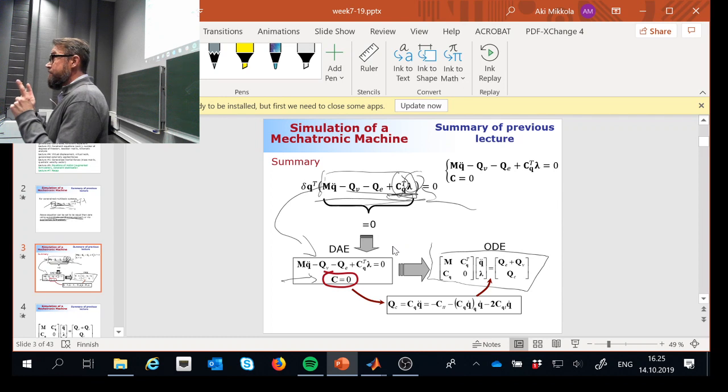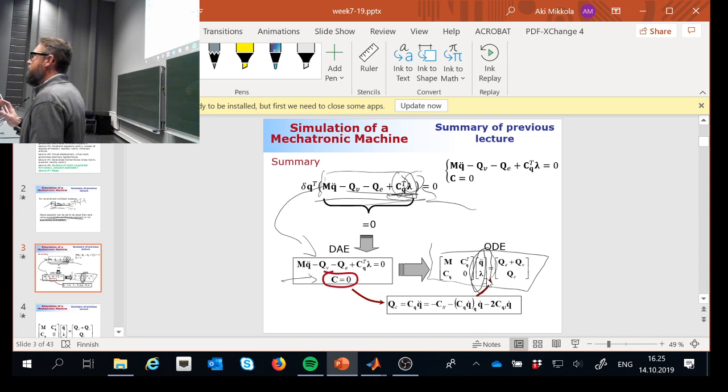And now comes something you need to put in your mind as well. The vector of unknowns is this vector. This is where your unknowns are located. When you look at what the unknowns are, they are the accelerations of the generalized coordinates and the Lagrange multipliers. So you have two sets of unknowns.